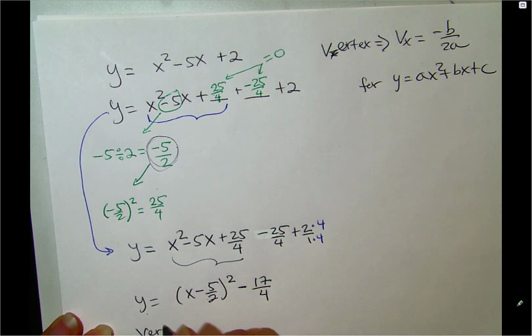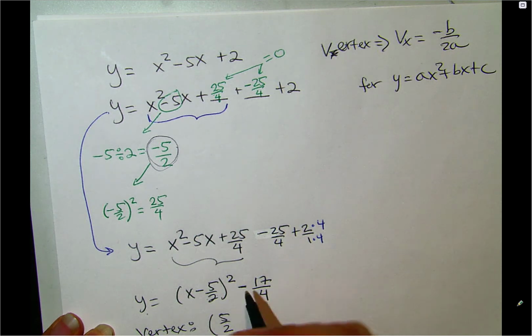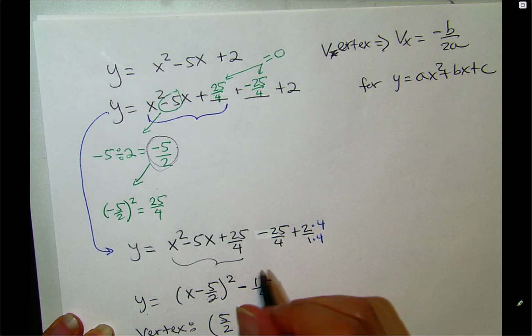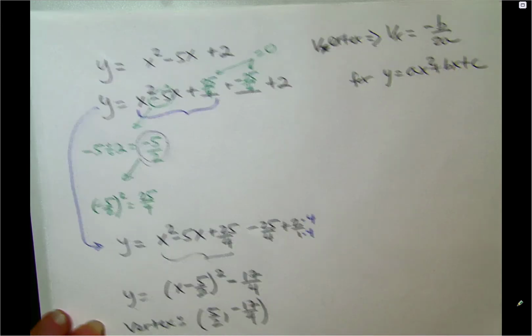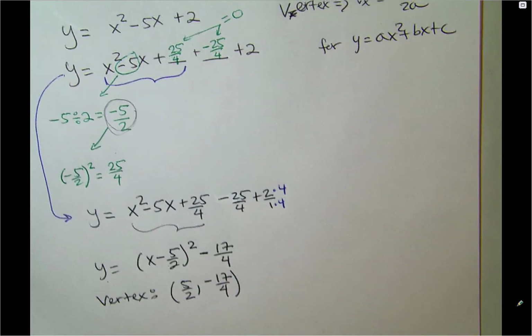So the vertex is the opposite of what's in the parentheses, so 5 halves. It's really whatever makes the inside 0. So if you set x minus 5 halves equal to 0 and solve for x, you'll get 5 halves. So it's a horizontal shift as we talked about last time, and this one stays the same. So minus 17 over 4. Cool.